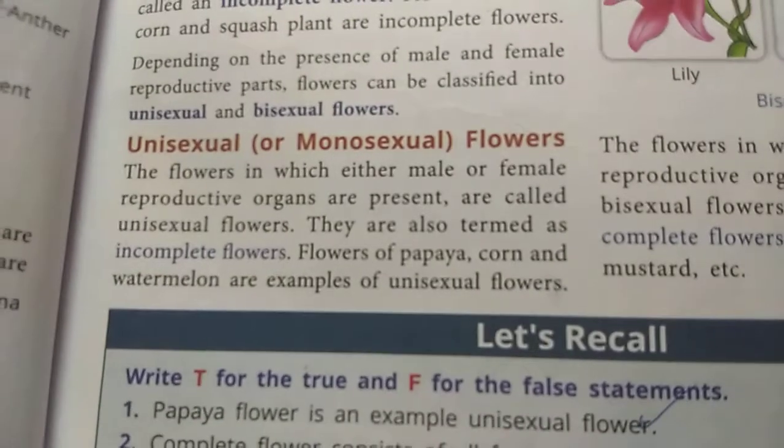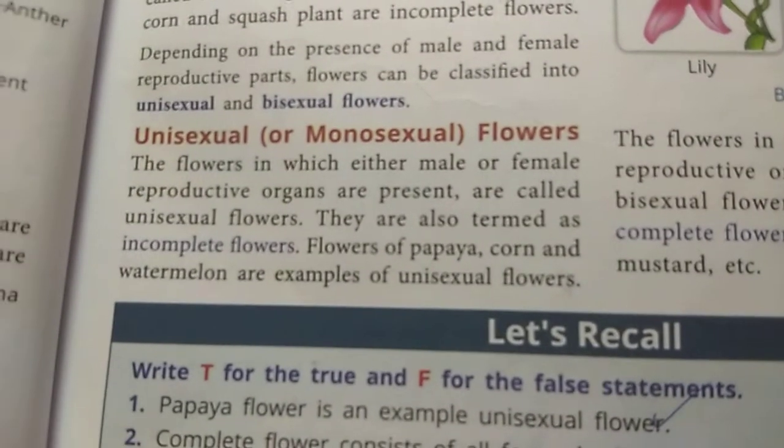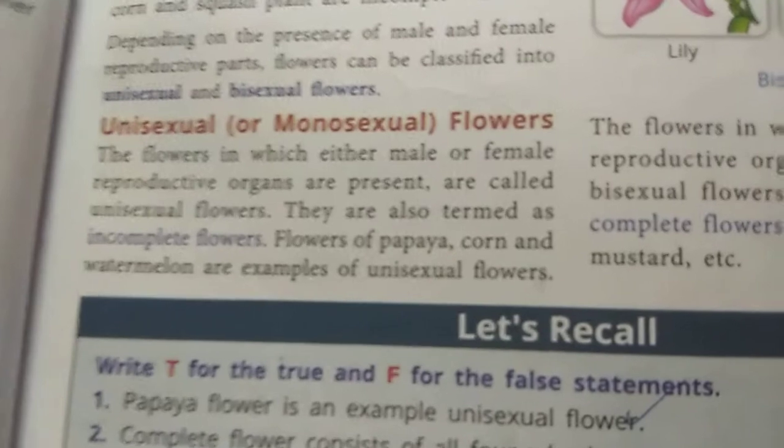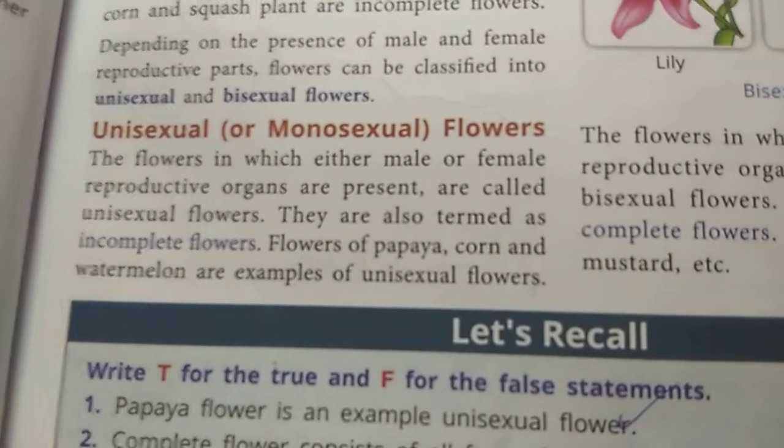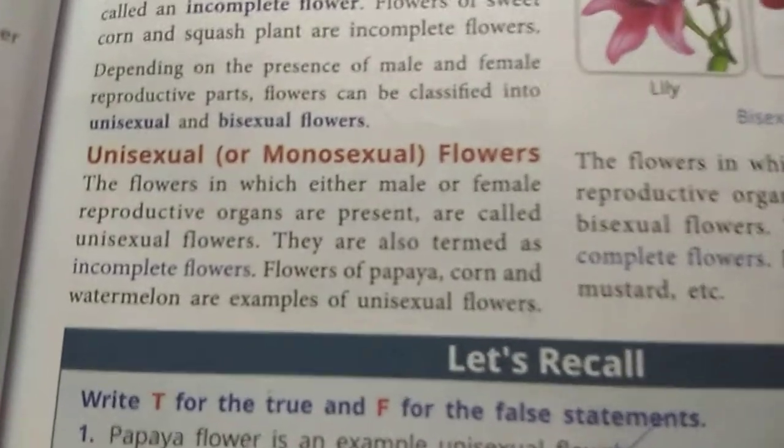That means that flower is not a complete flower, it is an incomplete flower. Flowers of papaya, corn and watermelon are examples of unisexual flowers.